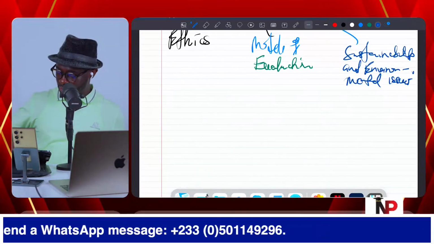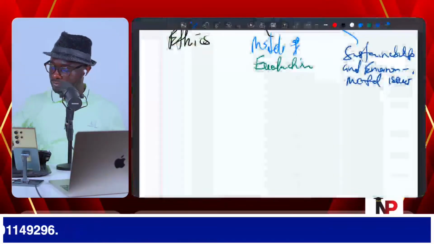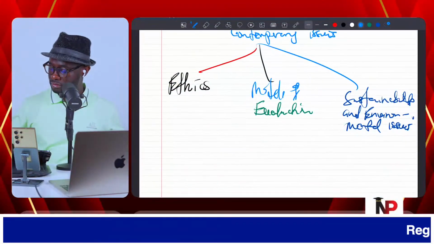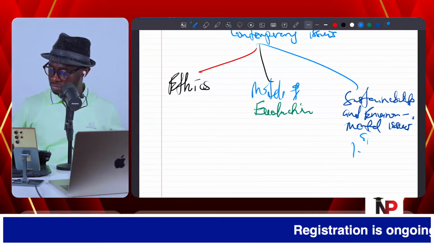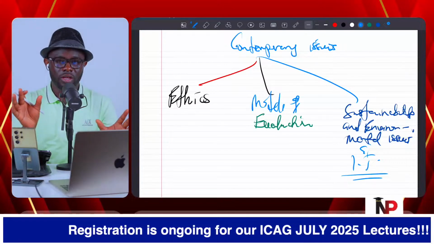Broadly, that's what we are talking about in this key area here. And IT. I'll just put it there, IT. So that's what the contemporary issues are talking about.